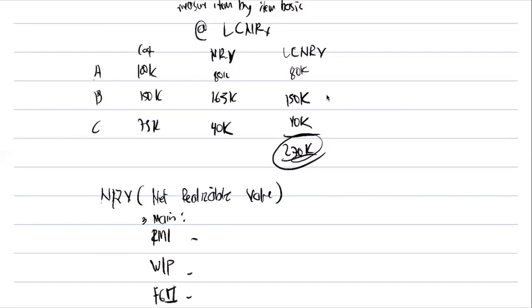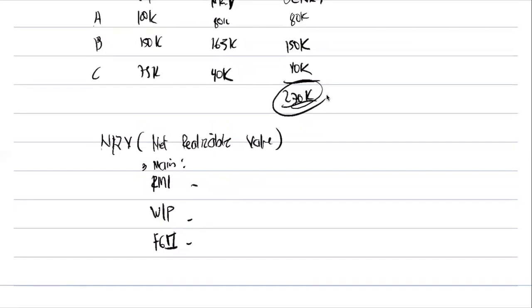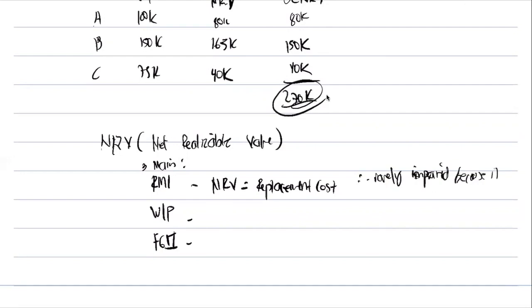So if that is RMI, the NRV is equal to your replacement cost. But take note of this. RMI is rarely impaired because it can be transformed to a finished goods inventory which has a higher value.